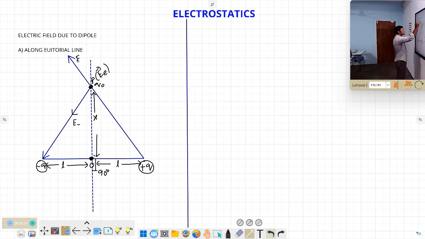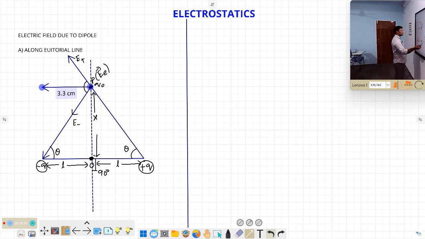The second is due to the positive charge of the dipole, E plus. Both are separated by a certain angular separation. If you observe, we get right-angle triangles from the center, and they make some angle theta here. Since E minus and E plus are separated by a certain angle, the resultant of these two will always act in this direction.